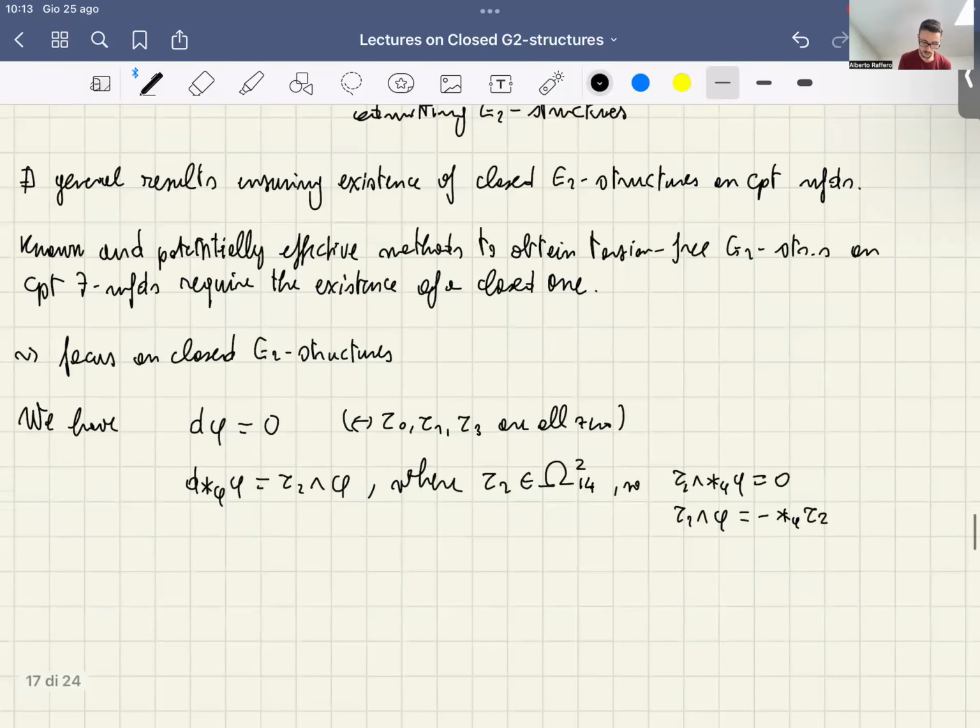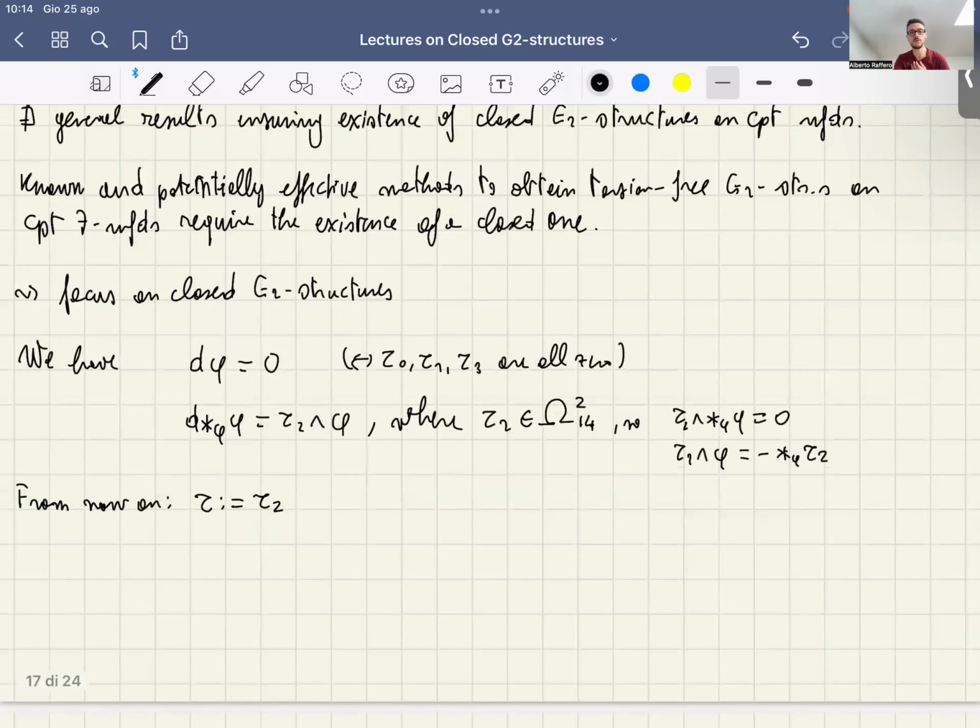So from now on, since we have only one of these intrinsic torsion forms that is involved in our discussion, I shall denote it simply by tau, since there is no risk of confusion. So what do we know about closed G2 structures?